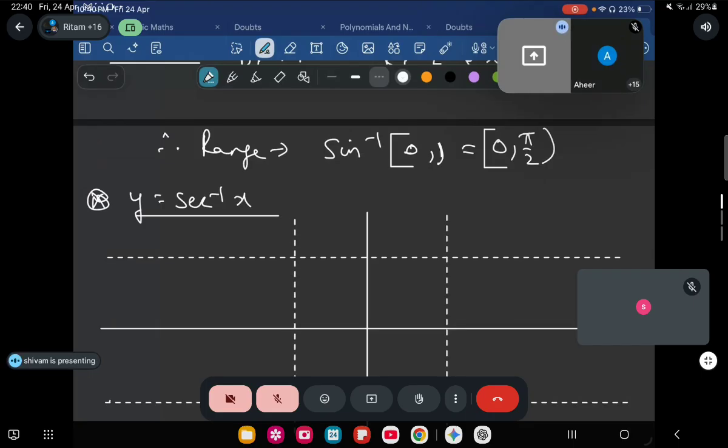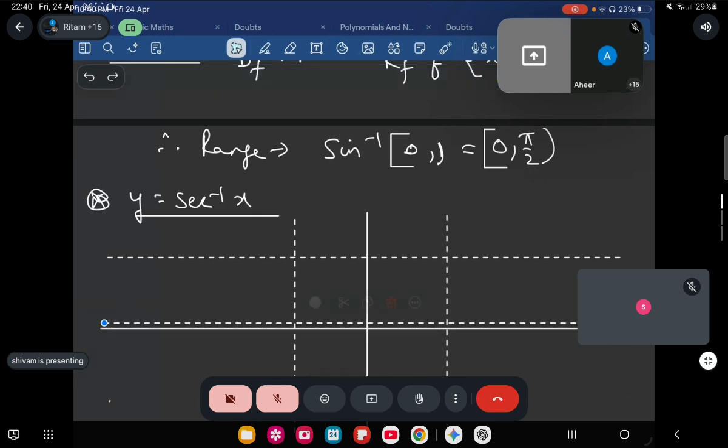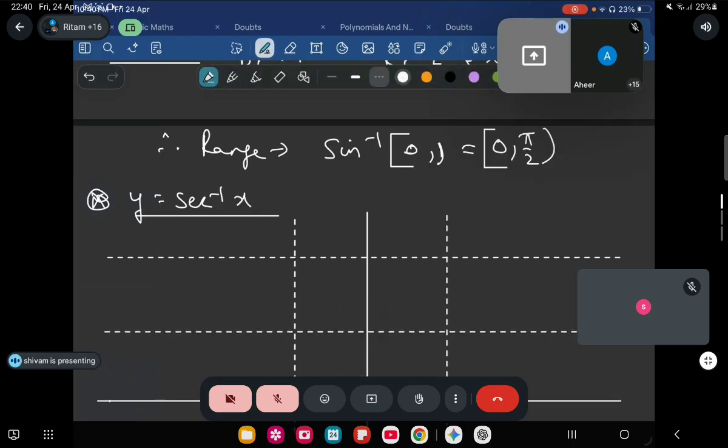Okay, remember, for sec inverse x, this is required. This is the graph of sec inverse x.